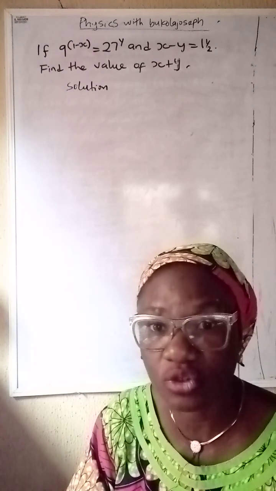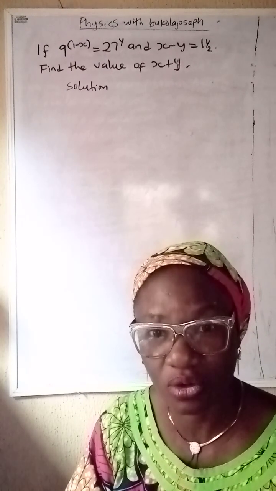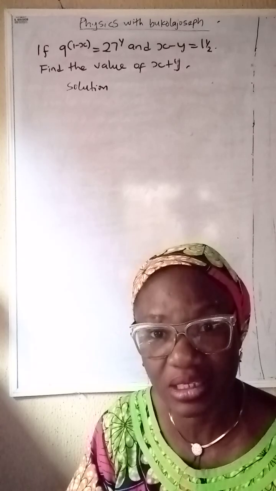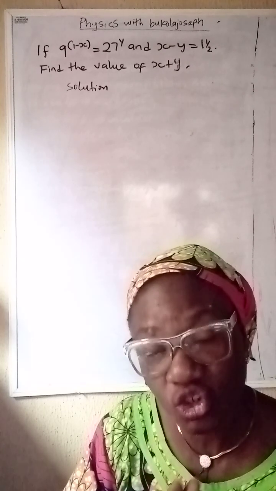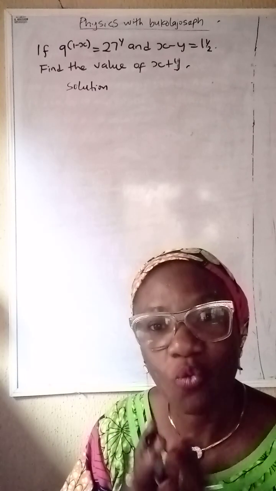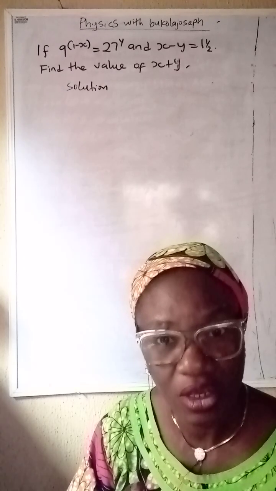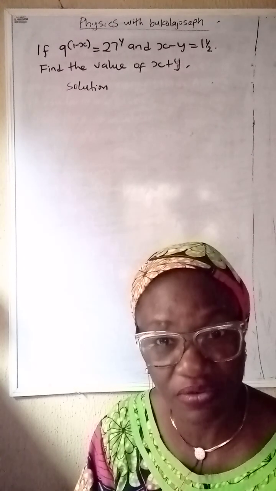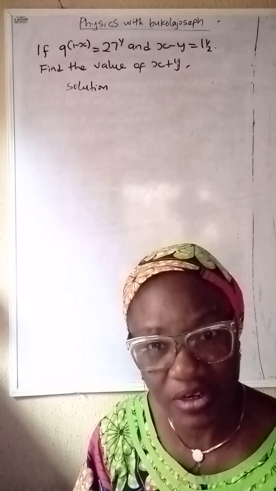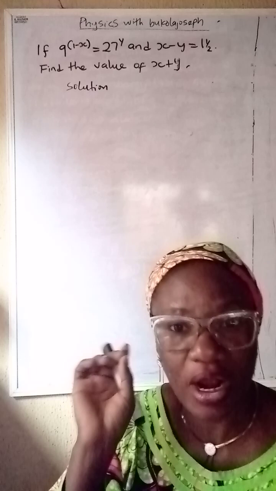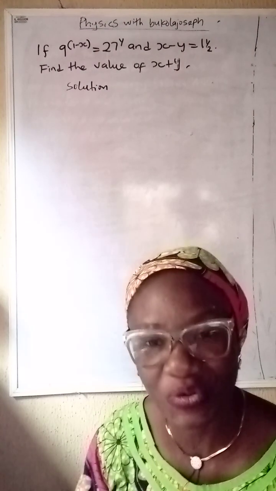You can use the substitution method or the elimination method, but I think the easiest method to use is the elimination method. So we use elimination to find one of the variables, either x or y. Whatever we get for that variable, we substitute in one of the equations, and then we find x plus y.